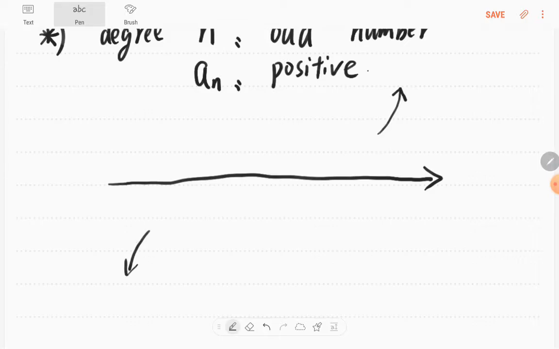So between these two arrows, we don't know the behavior of the curve, okay, but we know what is called the end behavior.